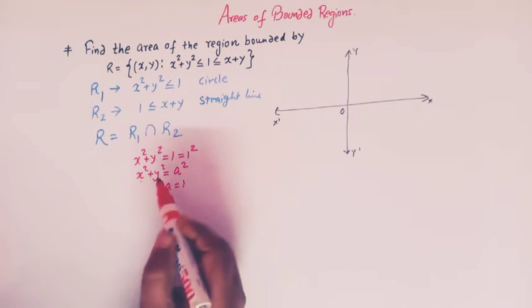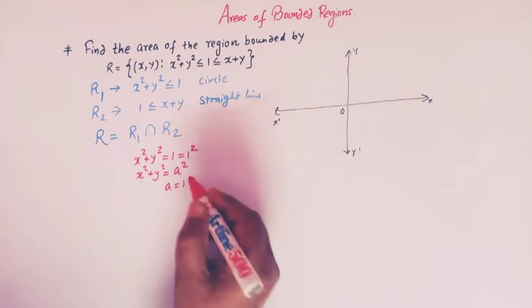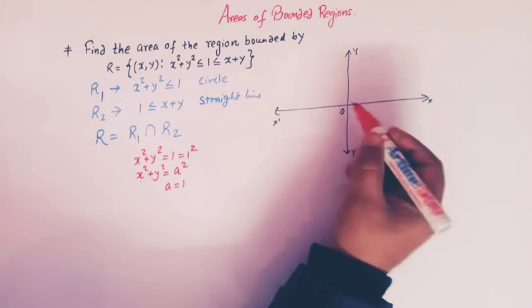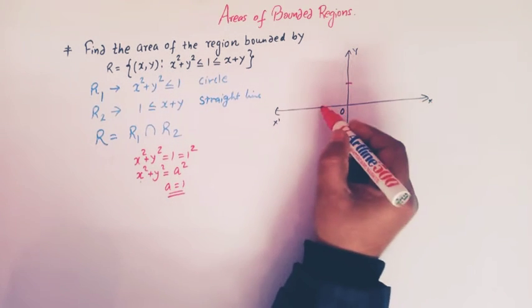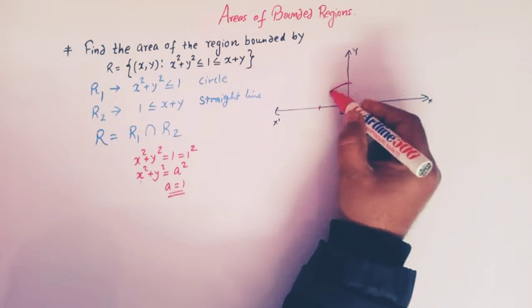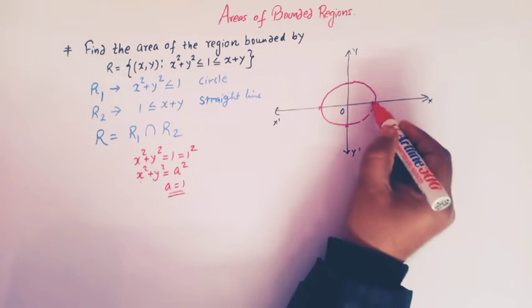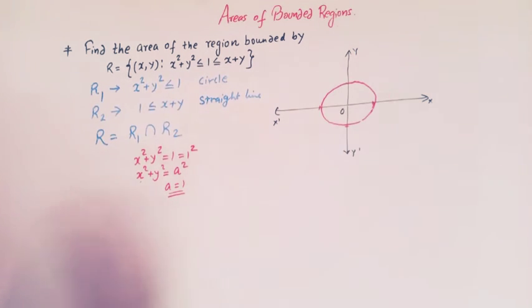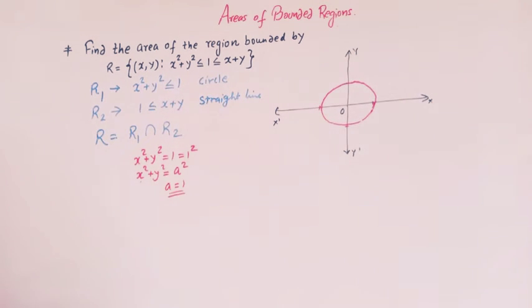So we have a circle whose center is at the origin, and the radius is 1. So we can draw a circle. This is the rough diagram, and we have a circle like this, whose center lies at the origin and radius is 1.